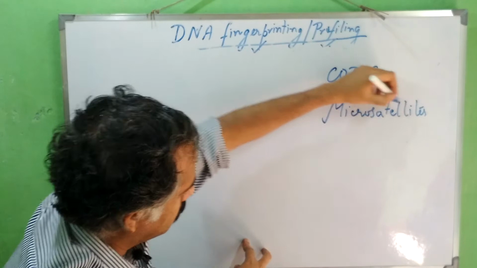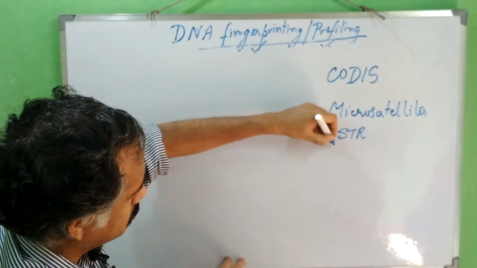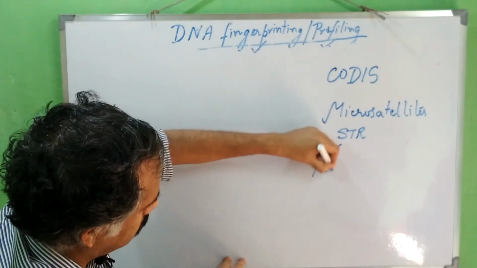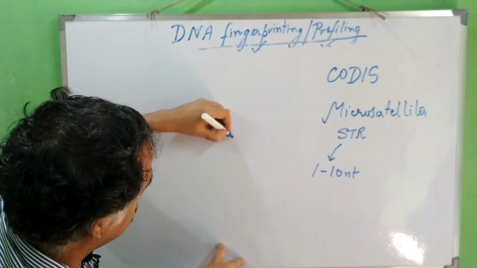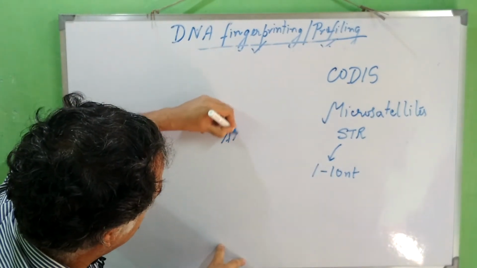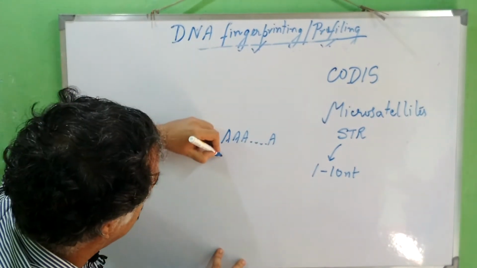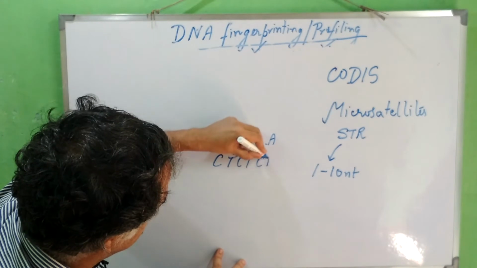Now, what are microsatellites? Also called simple tandem repeats. These are smaller repeat units which are between 1 and 10 nucleotides long. Say it could be something like A, A, A, A. Or it could be something like CT, CT, CT, CT.